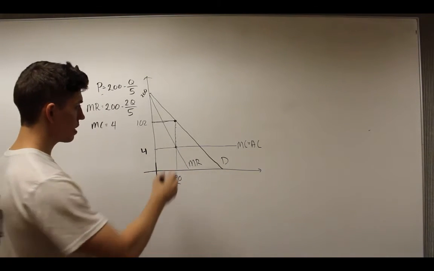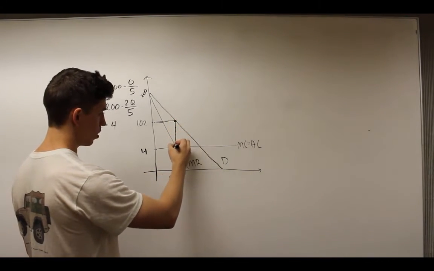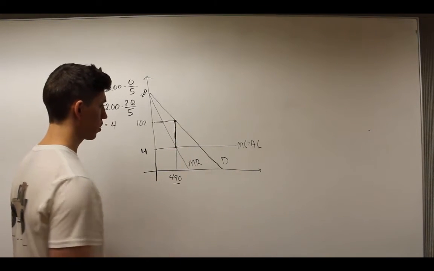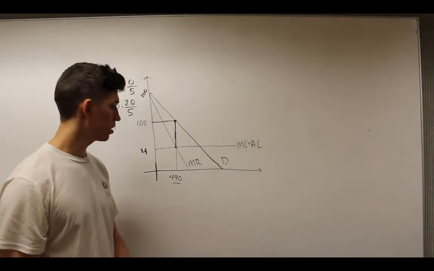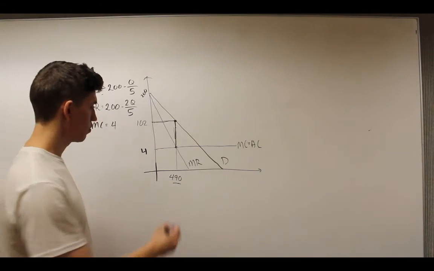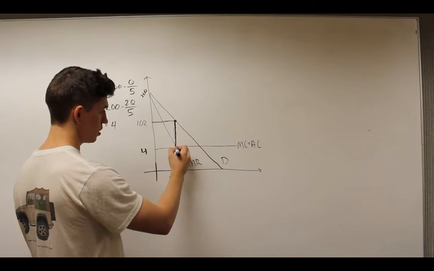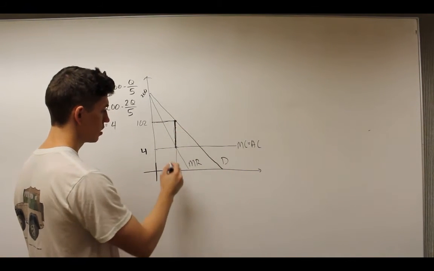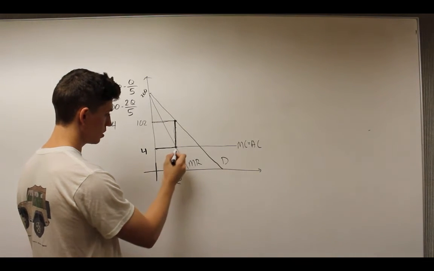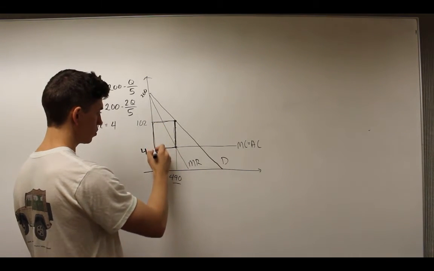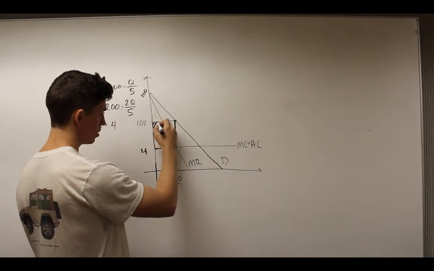So on each unit, they're making $98 of profit, right? Because they're selling each one for $102, but each one costs them $4, right? So then the profit there is just that 98 times the amount of units they sell, which is 490, which gets us the area of this box as their profit.